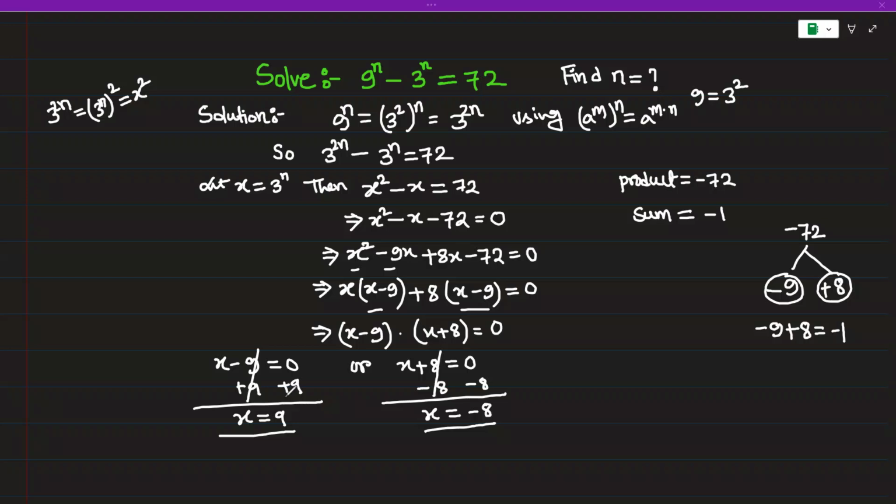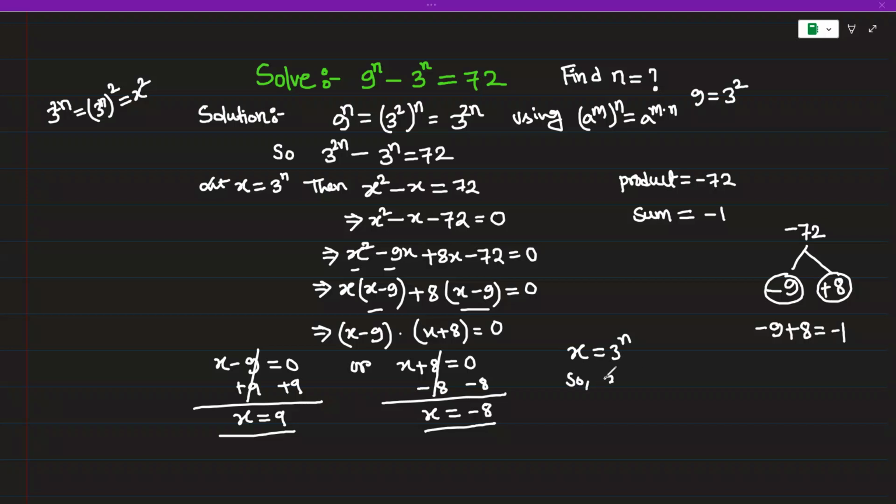Now here one thing: x equal minus 8 is impossible, because if you recall, we assumed x equal 3 power of n, and this is an exponential expression, always positive.